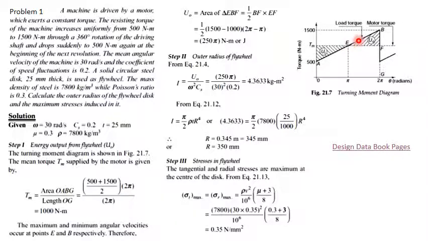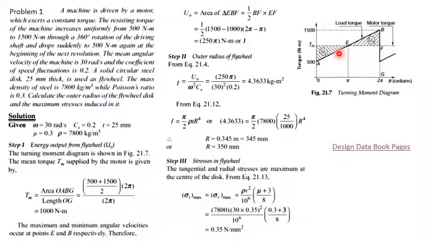From point E onward, the speed of the flywheel decreases because the load torque is greater than the mean torque, and the speed goes on decreasing up to point B. So the flywheel will record the lowest speed at point B, and suddenly the torque will reduce to 500 Newton meter, and then the cycle will repeat.